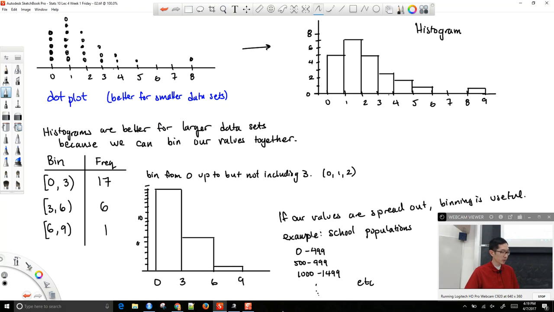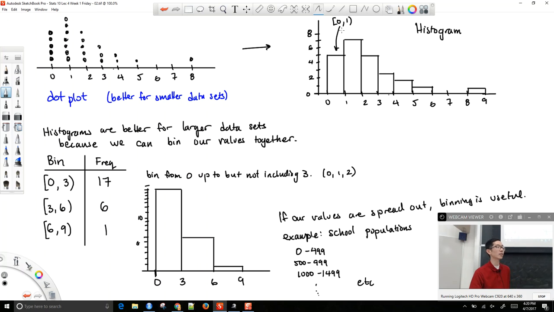Okay, are there any questions on this? This is all okay? Yes. Yeah, your bin width should be the same across the board. And when we draw a histogram, traditionally this bar that starts over here is 0 up to, but not including 3. That's why over here, even though each bar represents only a single value, this bar technically is 0 up to, but not including 1.